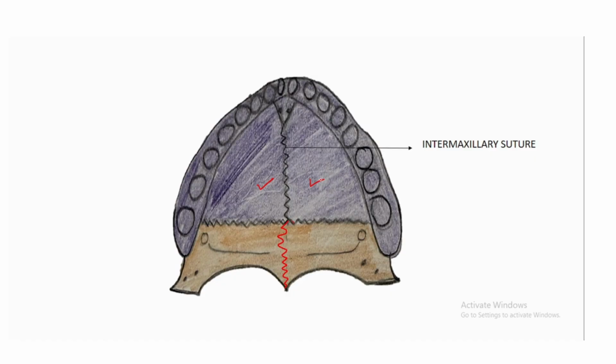Then there is a suture between the horizontal plates of palatine bone on both sides. This is the interpalatine suture. And lastly, this horizontal suture which is present between the maxillary bone and the palatine bone is called the palatomaxillary suture. So these three sutures together form a cruciform structure in the hard palate.